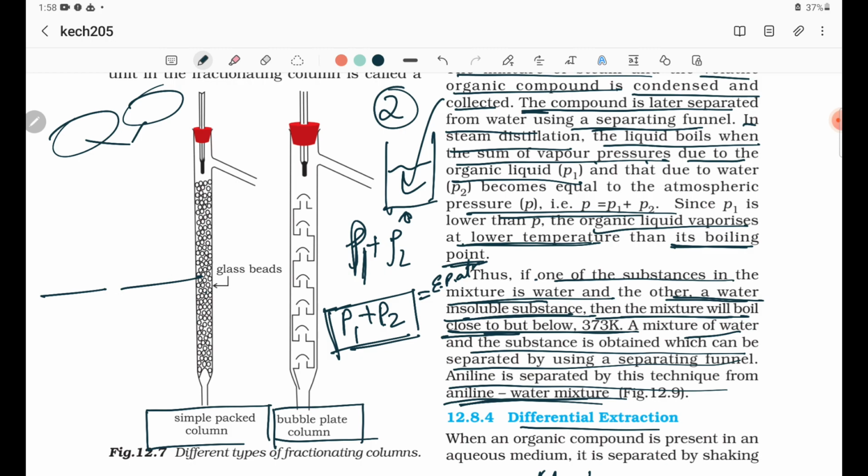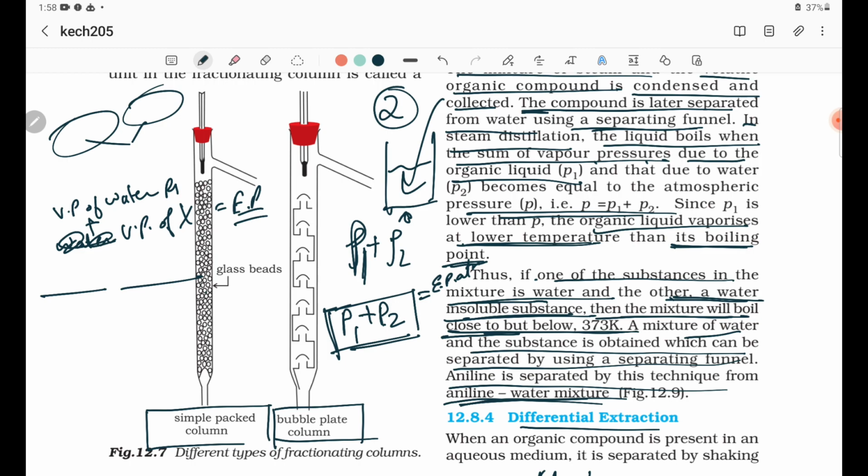So if one substance in the mixture is water and the other a water insoluble substance, then the mixture will boil close to 373 K, when the vapor pressure of water plus the vapor pressure of the compound is equal to the external pressure.